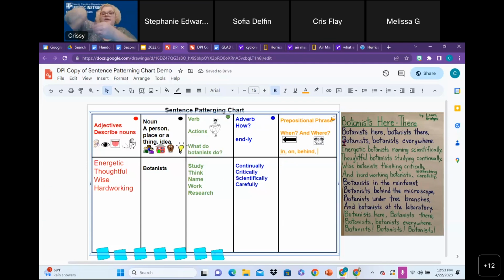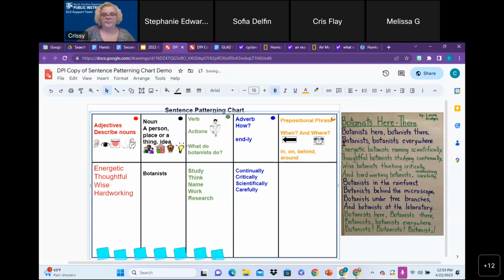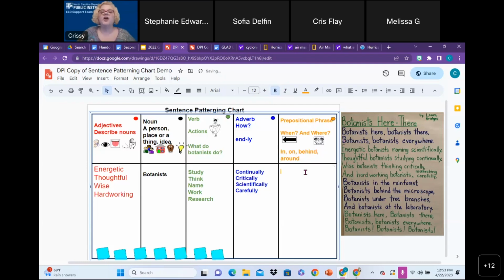Around is a preposition. And those are just a couple of prepositions that you might use in your phrases to tell me when and where. Okay, put your heads together. Talk about some prepositional phrases that might tell me when and where our botanists are when they're doing these actions. And then just unmute and tell me.